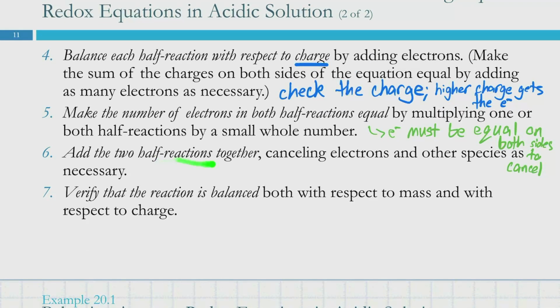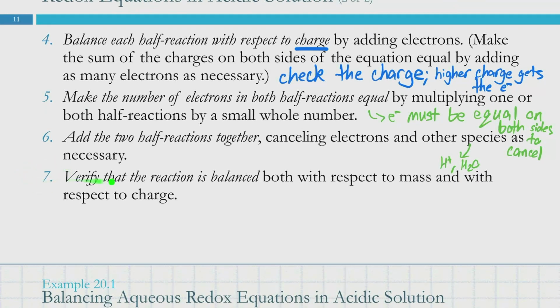And then we can add our half reactions together and cancel out electrons and other species, usually H+, H2O, stuff like that. And then at the very end, go through and do another check. It's very easy to make mistakes combining half reactions, especially if they're not easy ones.